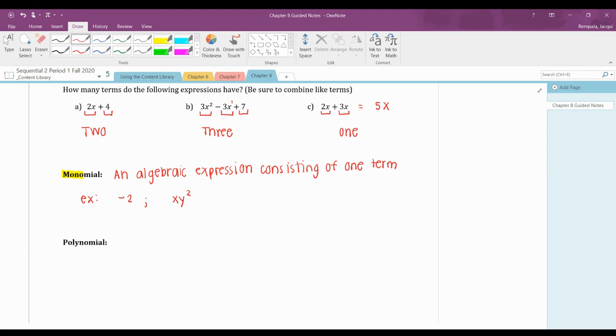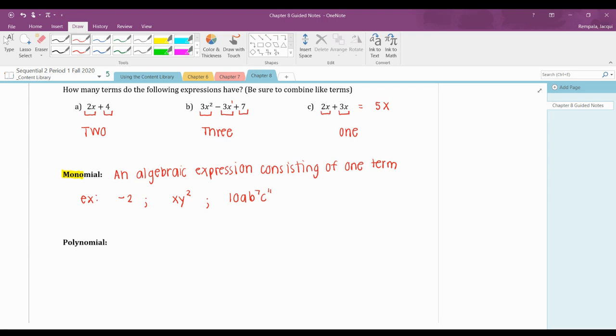So, xy squared, one term, no addition or subtraction signs, that's a monomial. So it could be a number, it could be some variables together, it could be a combination of all of that. So something as intense as this, 10a b to the 7th c to the 11th.